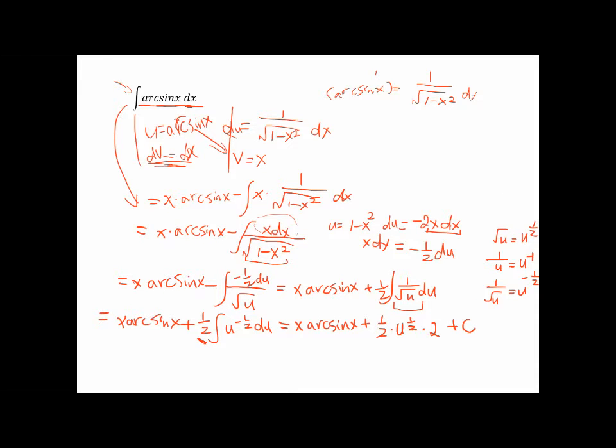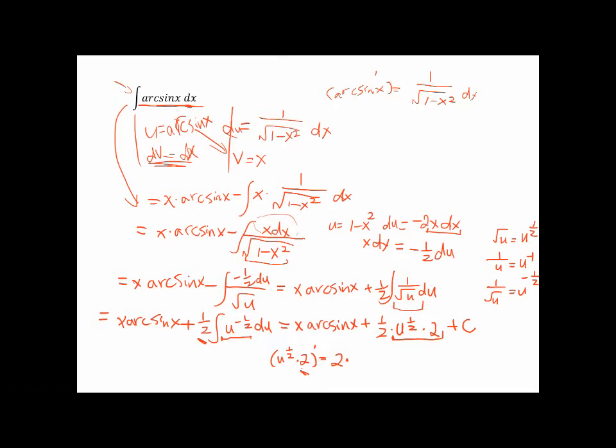Okay, so I want to see this part. I want to see if I can go back to here, to see if I'm right. So I take the derivative of u to the 1/2 times 2, which brings down the 2.